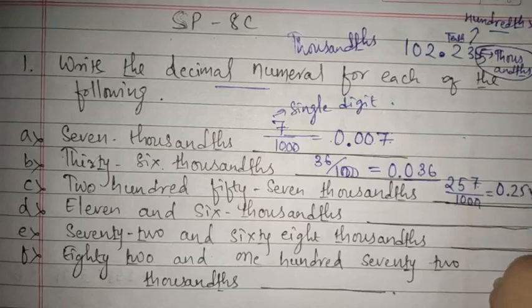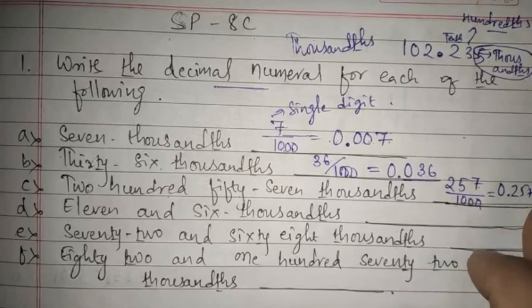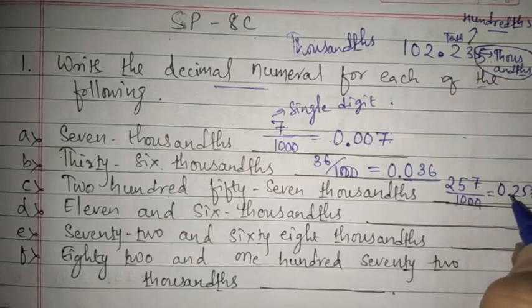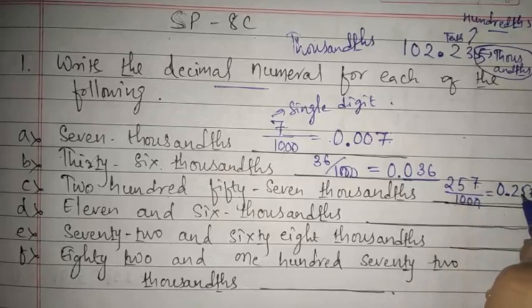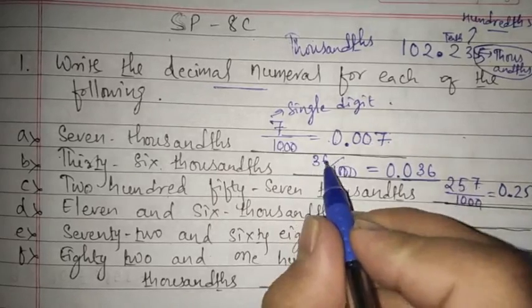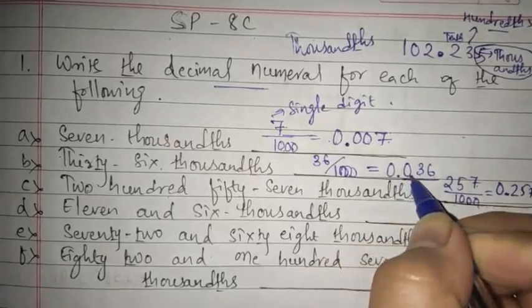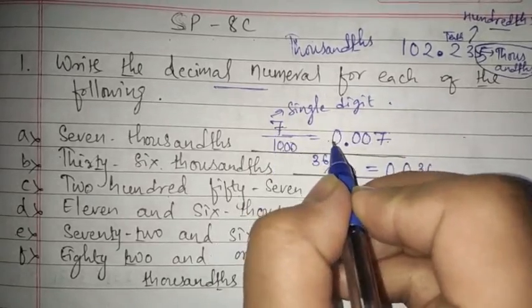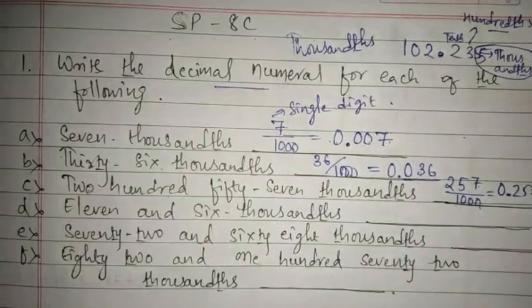Write down 257. Simple. One digit 0 and then the decimal point. After the decimal point, whatever is the number given, write that. If you have a two digit number, 0, then the decimal point, then 0 and 36. If you have a single digit number, 0.00 after the decimal, then 7.